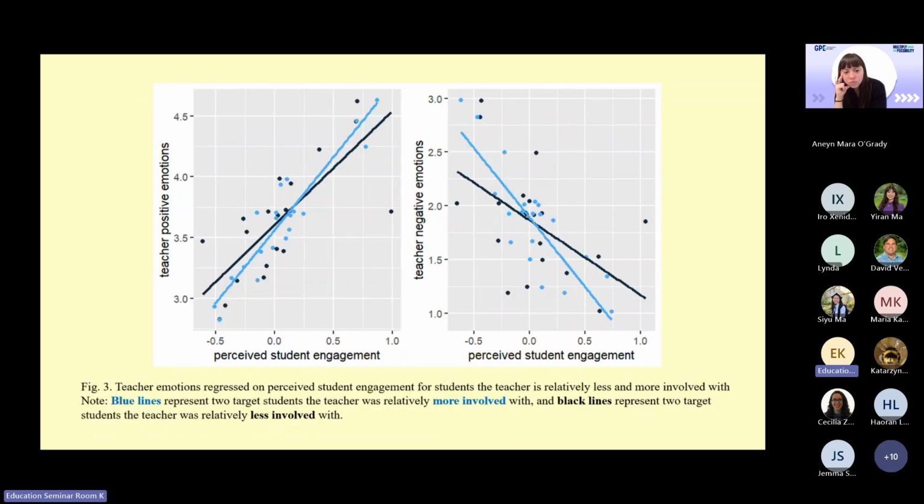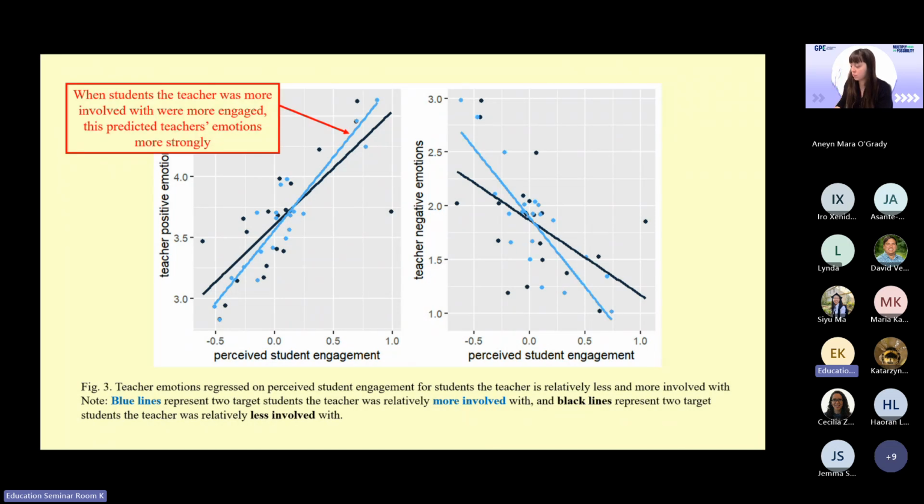And then to plot what this means, we plotted this graph where we have positive emotions to the left and negative emotions to the right. And here we can see that there's a differential effect: it depends on who teachers get involved with, and this has an effect on the teachers. So some students matter more for the teacher's emotions than others. So the steeper line, these students matter more.